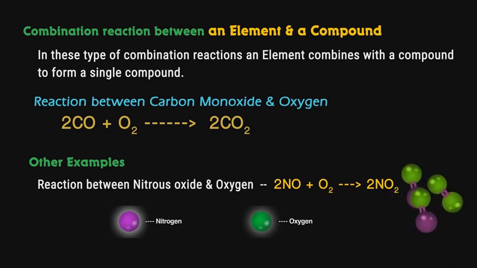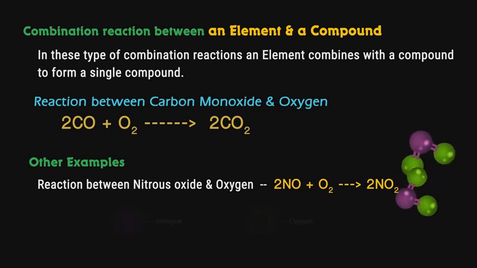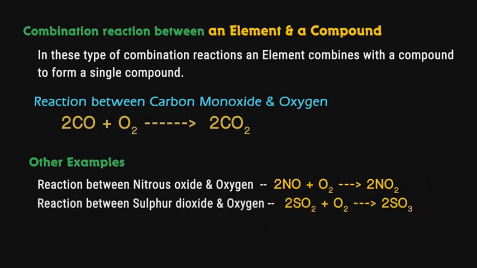Now you can see here the reaction between nitrous oxide and oxygen. Next example is reaction between sulfur dioxide and oxygen. When sulfur dioxide reacts with oxygen, that produces sulfur trioxide.